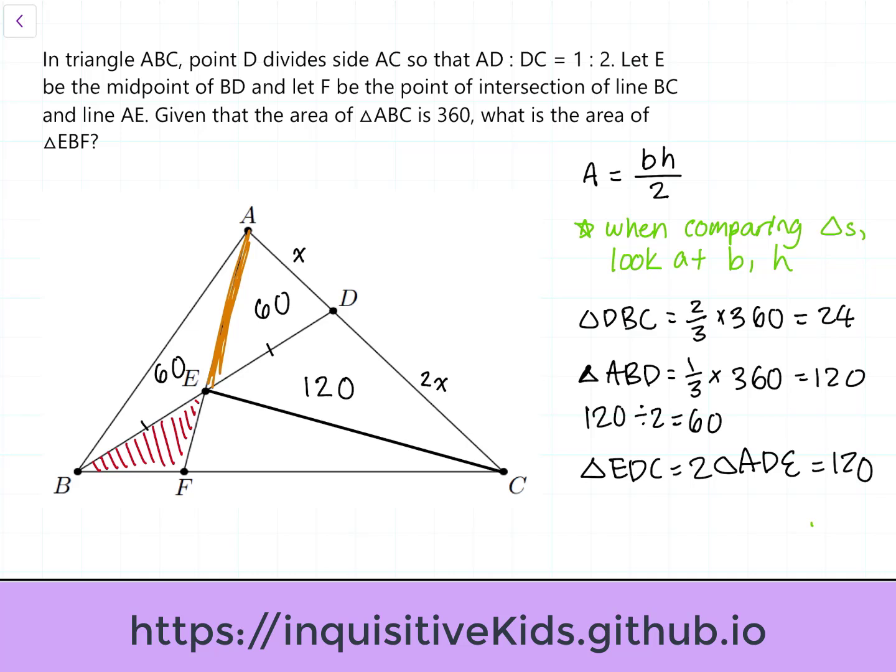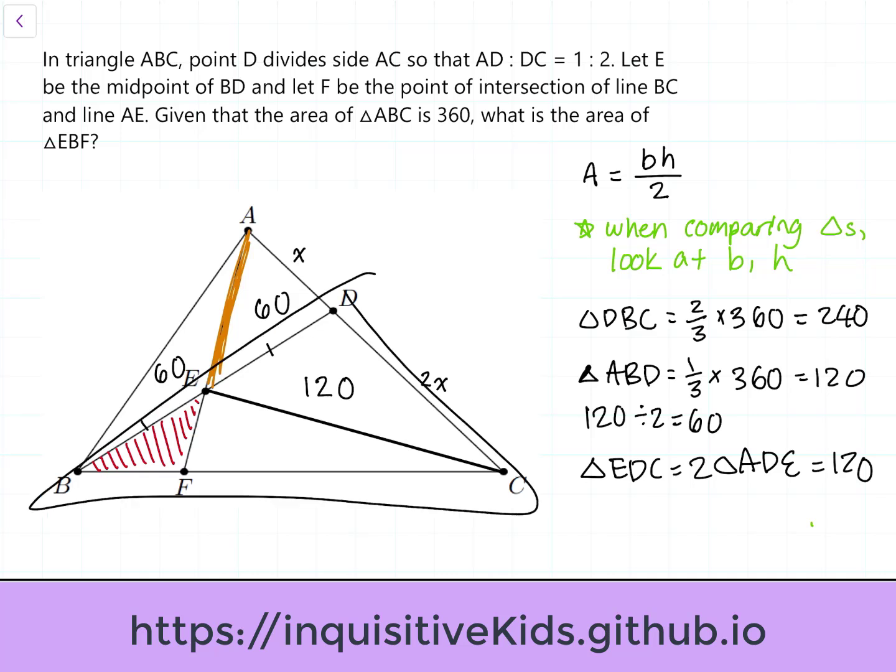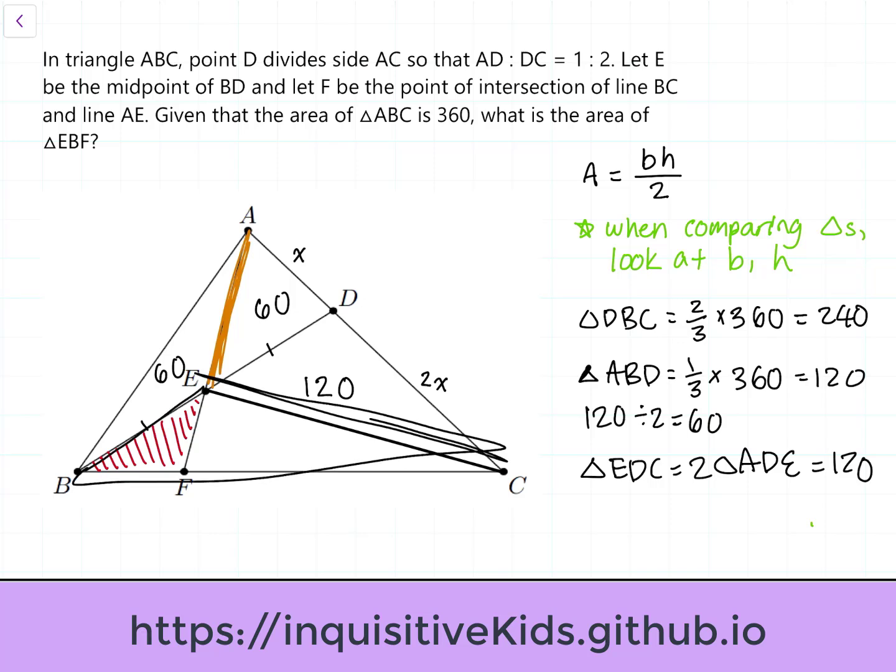So what do we do now? Well, the only thing we know now is that since the total area of triangle DBC is 240, then the total area of triangle EBF and ECF has to be 120. That's the only thing we know, right?